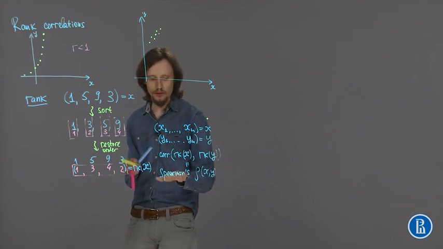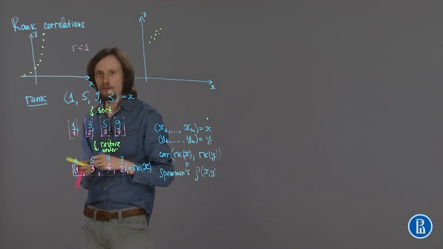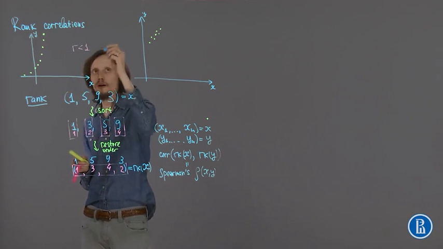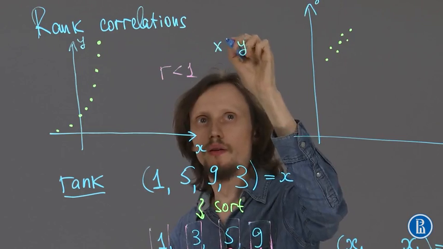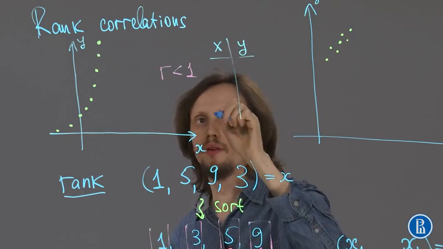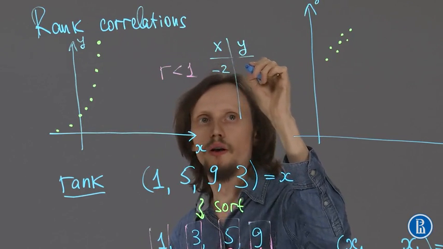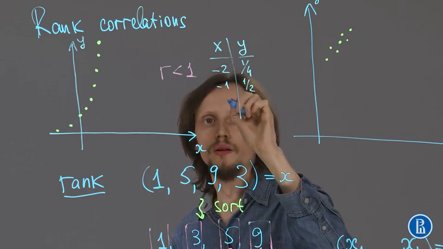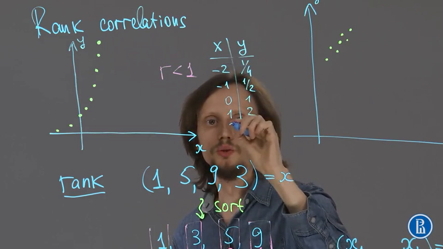Let us apply this Spearman's correlation to our graph here. Let me assume that the exact numbers that we see here form a geometric progression. So if this is x and this is y, then I have the following numbers. For example, x minus 2, y 1/4, minus 1, 1/2, 0, 1, 1, 2, 2, 4.